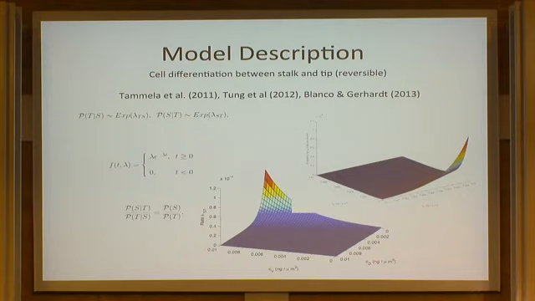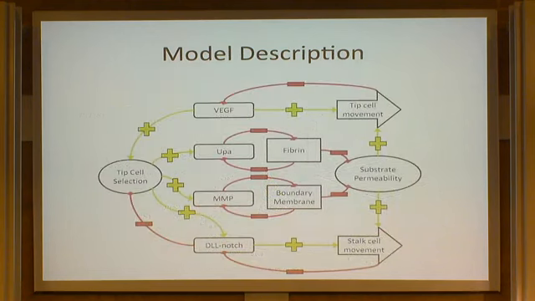There is this study by Tamala and many other authors that actually showed that the tip cells could fall back in their performance of being stalk cells. So we use these exponential probability distributions where the probabilities are also influenced by the chemistry that they experience. I'll leave the details out of it.